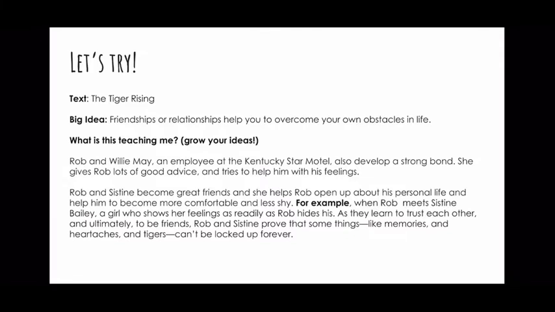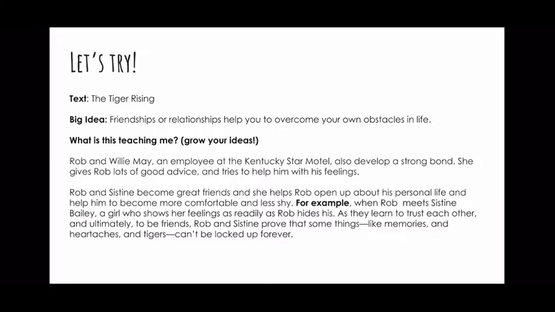But then the one that I really kept thinking about was Rob and Sistine and how they become great friends, and she helps Rob open up about his personal life and helps him become more comfortable and less shy. For example, when Rob meets Sistine, the girl who shows her feelings as readily as Rob hides his. So she was really outgoing and Rob was really shy.